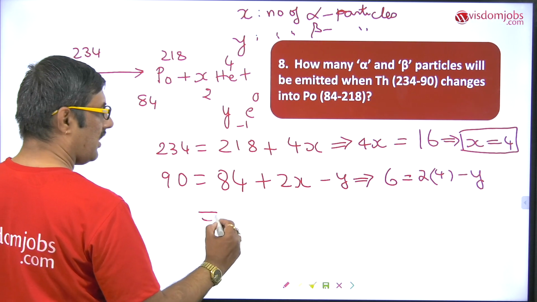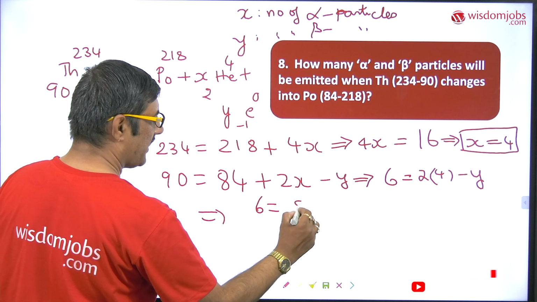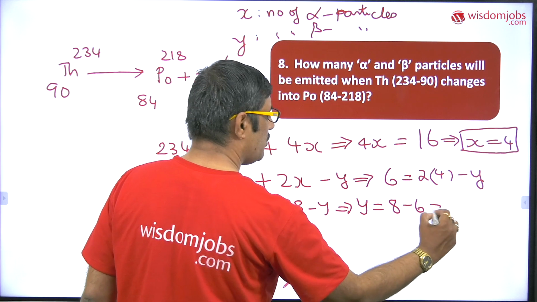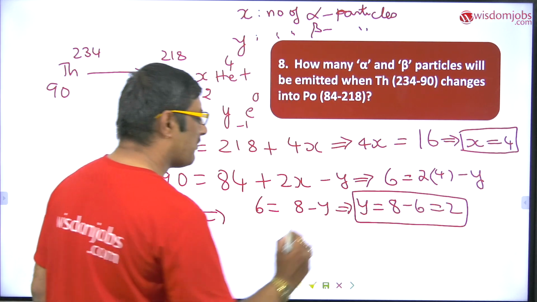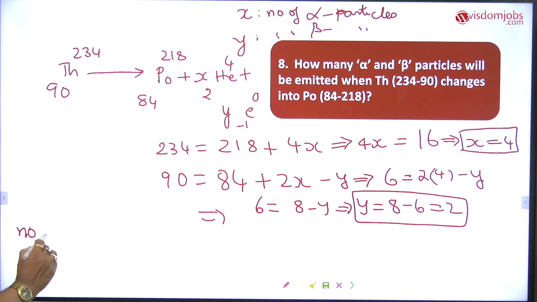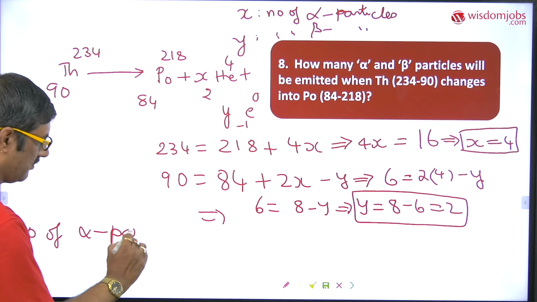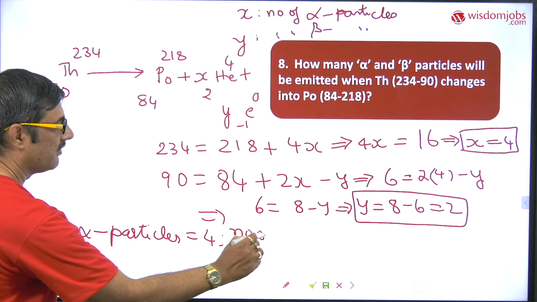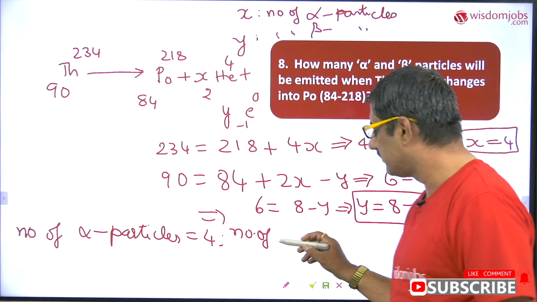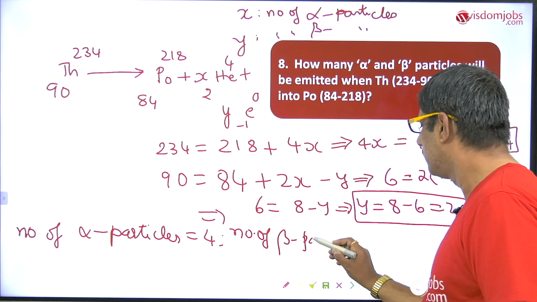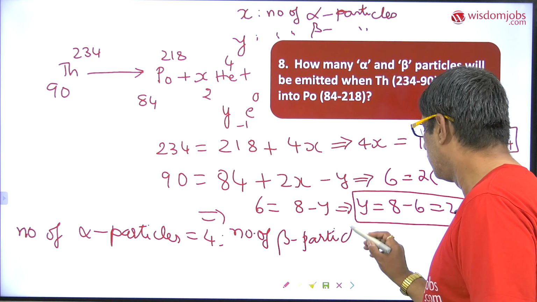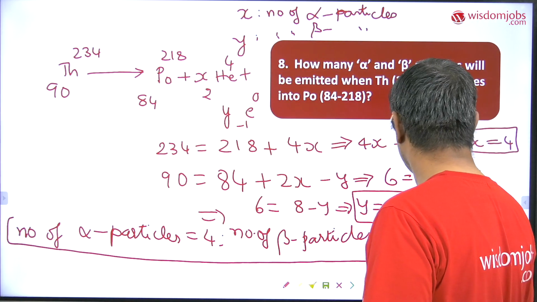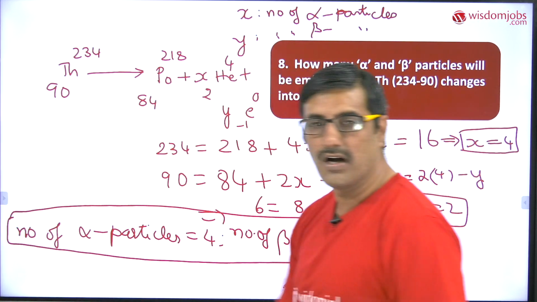Now from this, 6 is equal to 8 minus y, or y is equal to 8 minus 6, and that is how much? 2, right? So the number of alpha particles is 4 and the number of beta particles is 2. Okay, so this is the final answer.